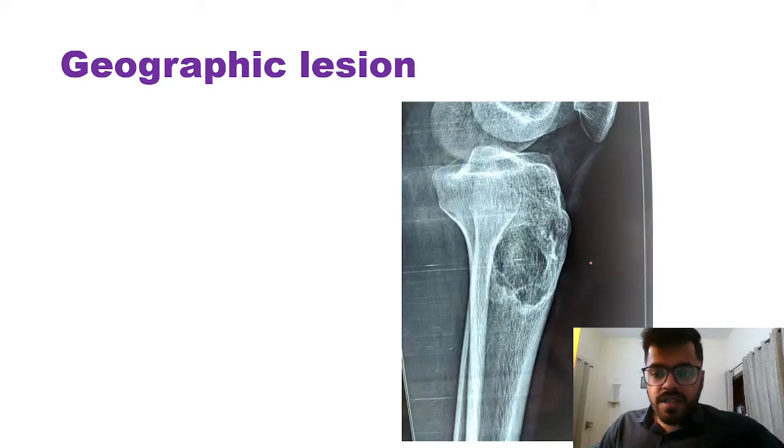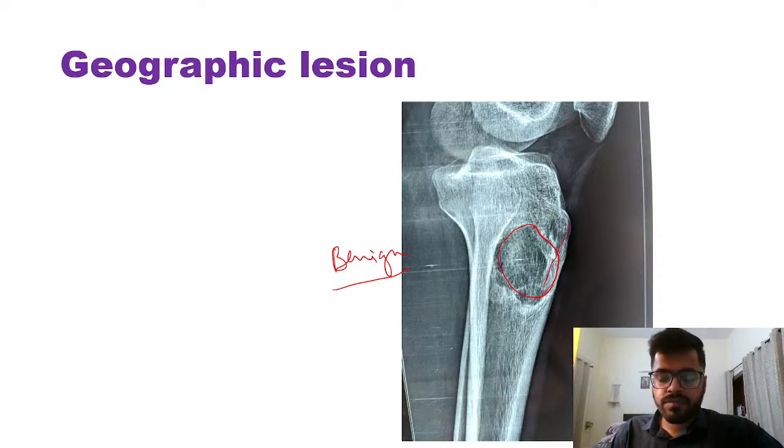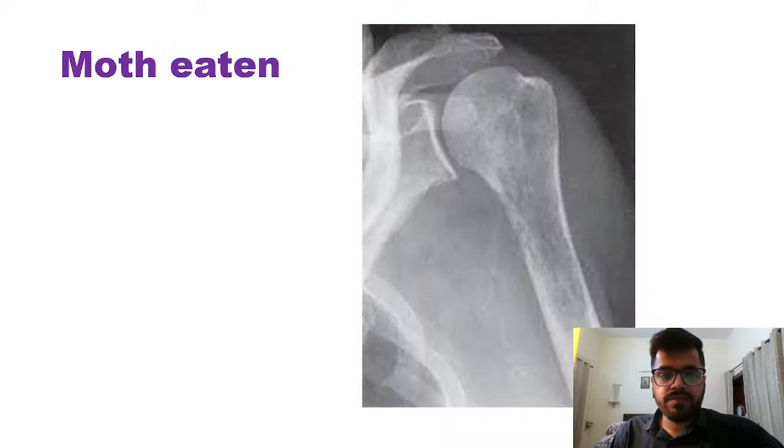So this is an example of a geographic lesion, as we can see on the radiograph. This is most probably a benign tumor, as it is well defined and it respects the anatomic barriers such as the cortex. So this is example of a geographic lesion seen in benign lesions.